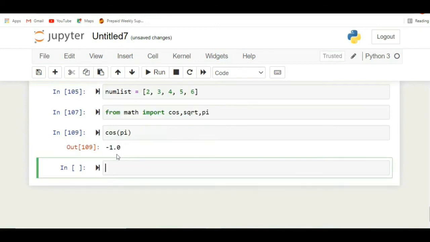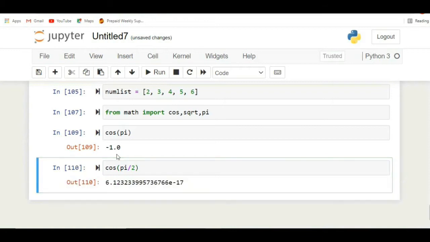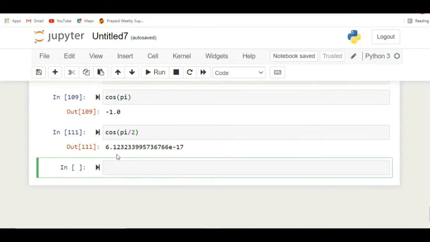And the next is the value of cos pi divided by 2, which is 6.123 something multiplied by e minus 17.